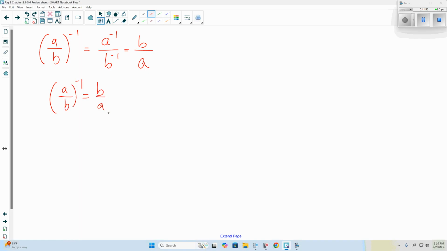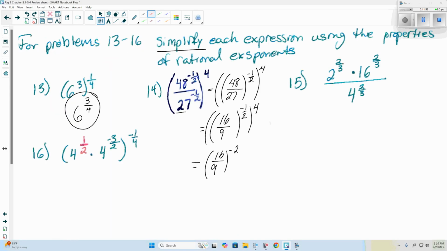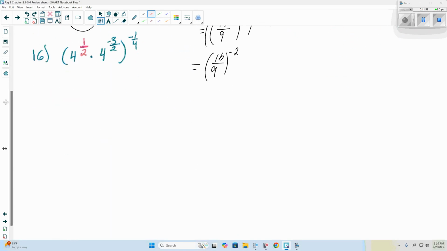Or we can just say that when we have a negative exponent, we're going to have to what? Flip it, yes? 16 over 9 to the negative 2 would therefore mean that it's the same as 9 over 16 squared, because we can apply it and flip it.